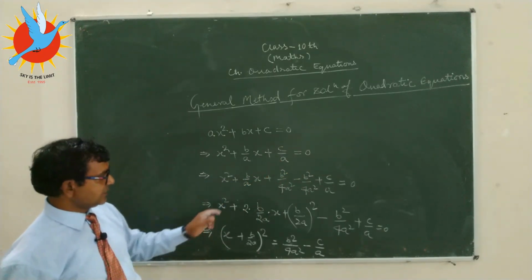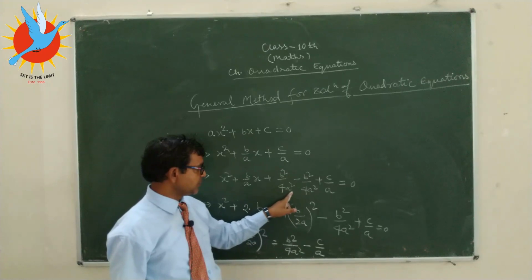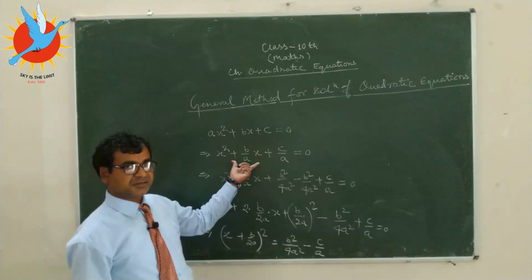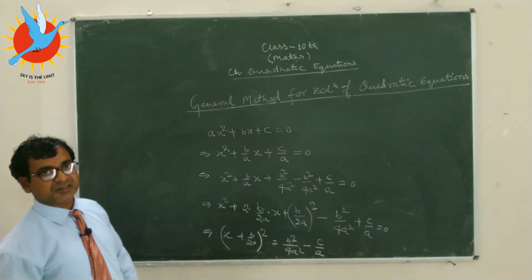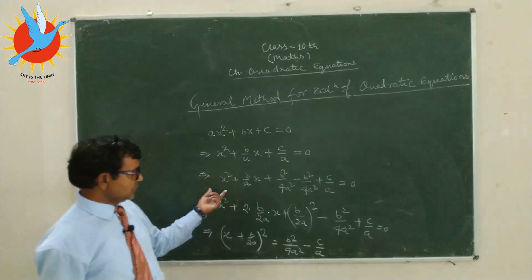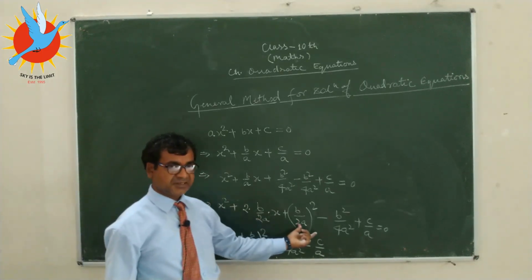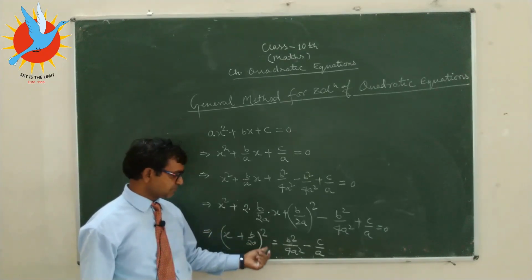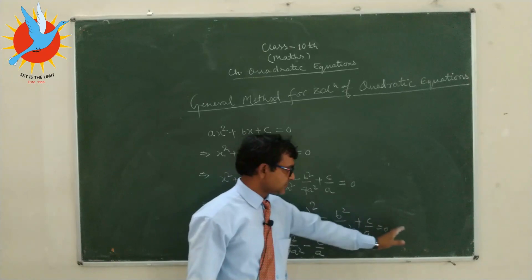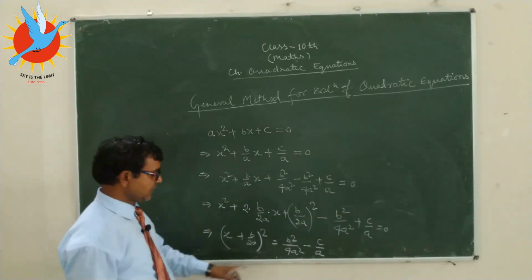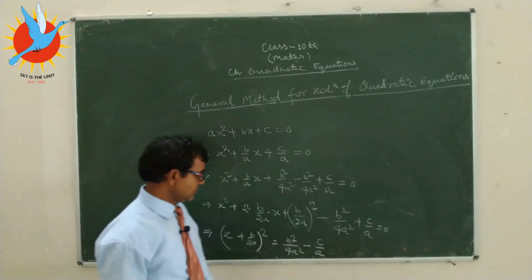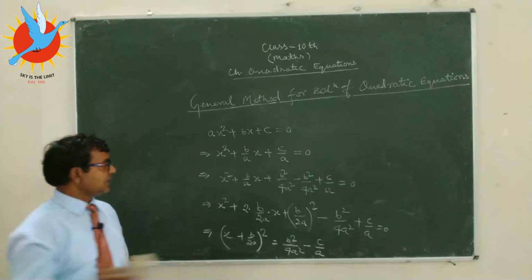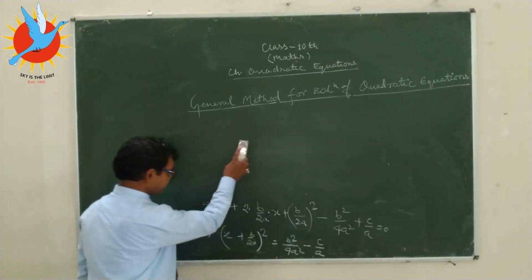We have added and subtracted this b square upon 4a square minus b square upon 4a square in this, to convert it into a complete square, so we have got this, and this is the whole square of x plus b by 2a. Now we have transposed these terms to the right hand side. Now first of all we have to simplify it and then move further.